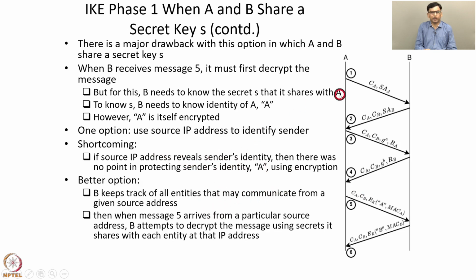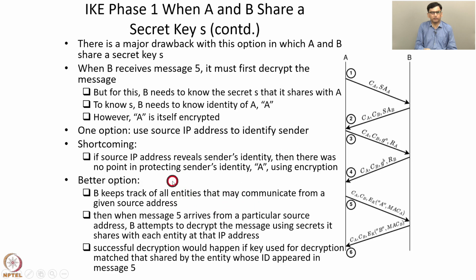For example, if there are 5 entities that may possibly communicate from A's source IP address, then B sequentially tries out the secrets that it shares with each of these 5 entities until successful decryption happens, which happens when the key used for decryption matches that shared by the entity whose ID appears in this message 5, at this place. This is where the ID appears.